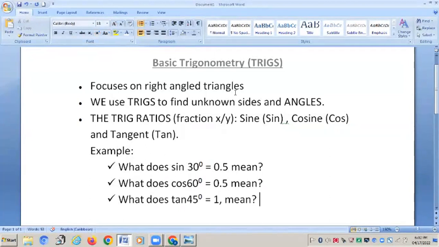By the way, do me a favor, press. All right, Mrs. Walker, your calculator is a bit different. So for the rest, if you have a calculator where the word comes up when you press sine, tan and cos, this is what you do: you just press sine 30, press equal, you get 0.5. Can everybody do that for me?